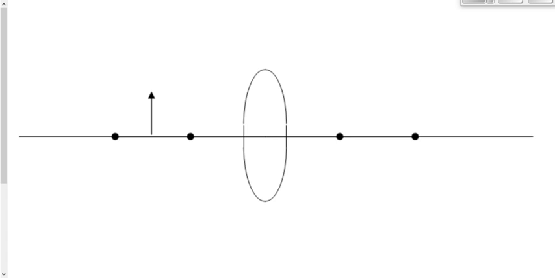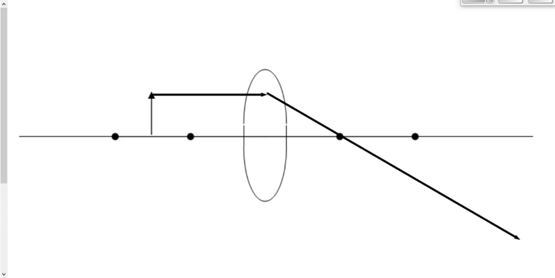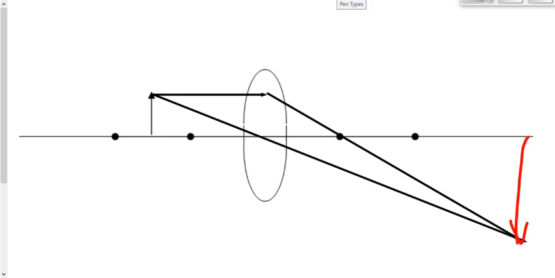Okay, let's do another one here. First ray, parallel to the principal axis, and where does it go? Down through the focal point, good. Second ray, where does that go? Optical center, keeps going straight through. The image is formed over here, and you can see the characteristics of this one.